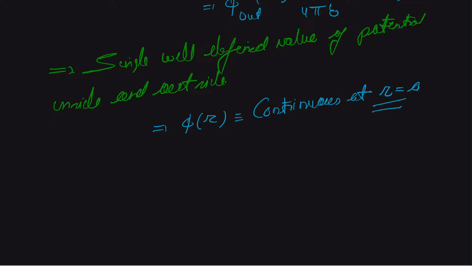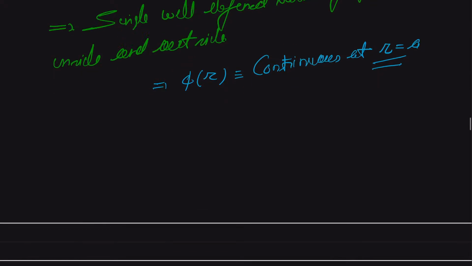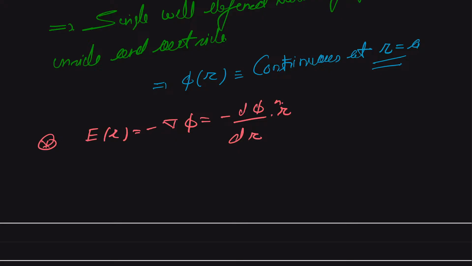And now we come to our main solution. Now we are required to find our electric field. Therefore we can say that our electric field, E of r, is given as minus the derivative of phi with respect to r, and direction is our r unit vector. Now once again, inside point as well as outside point.